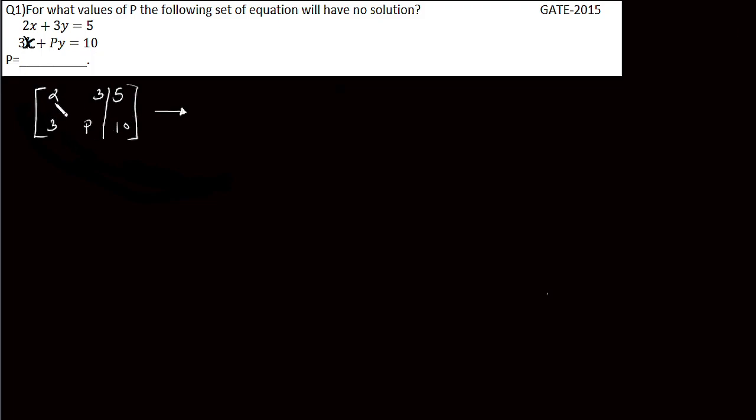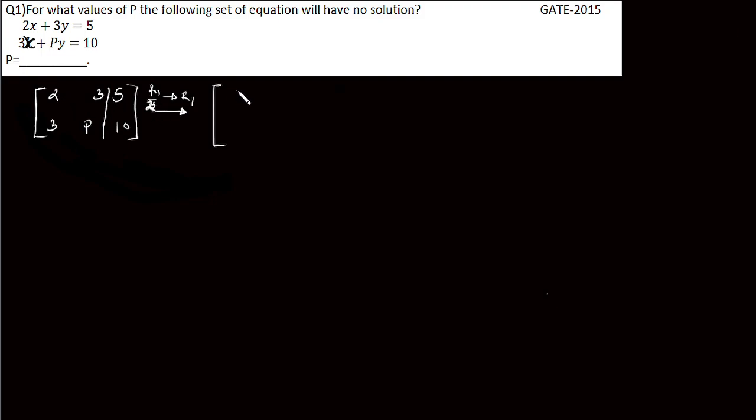First, let's divide the first row by 2, then multiply with 3 and subtract from the second row. So R1 by 2 becomes our new R1.